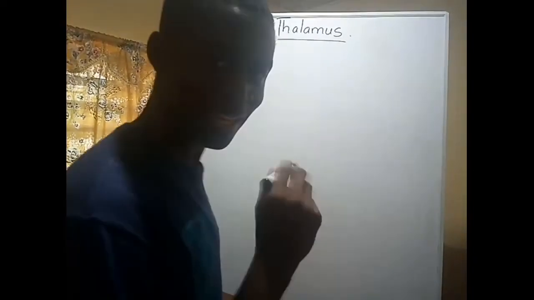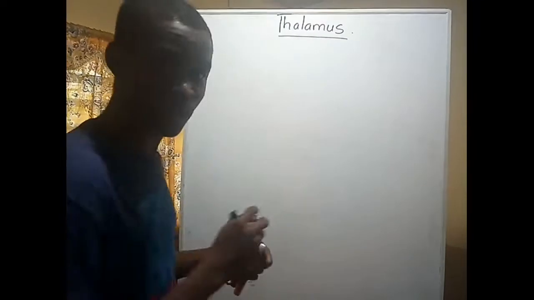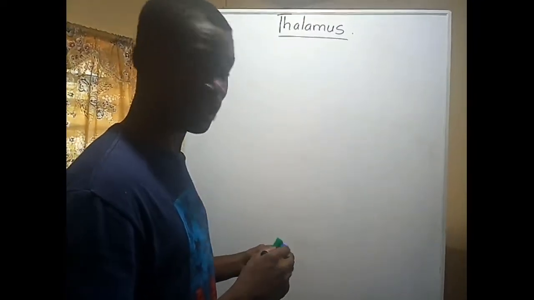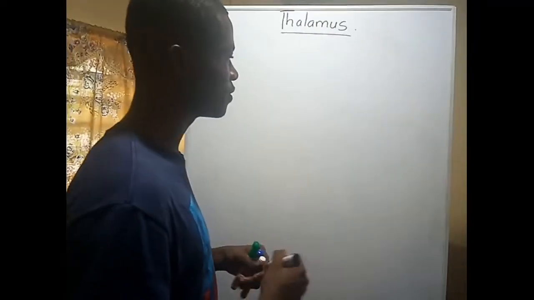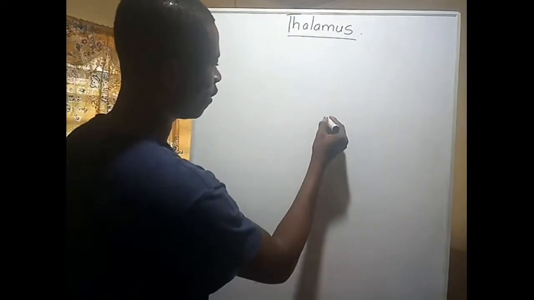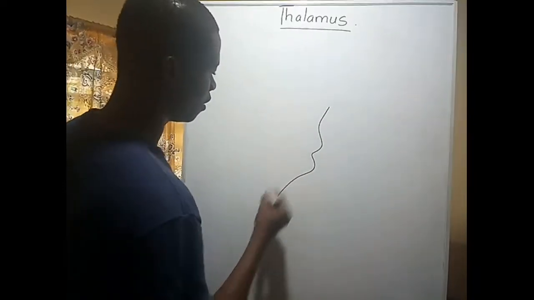Now, let's do a little bit of drawing so that we look at the relative position of structures with respect to the thalamus. Let's take a rough drawing here.